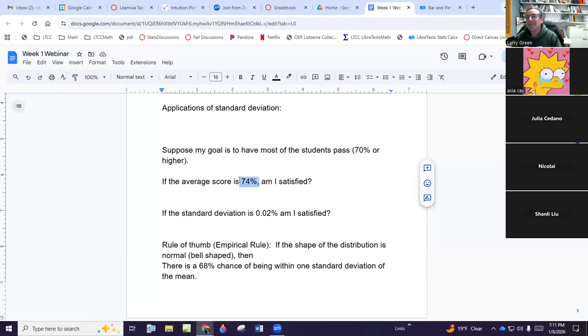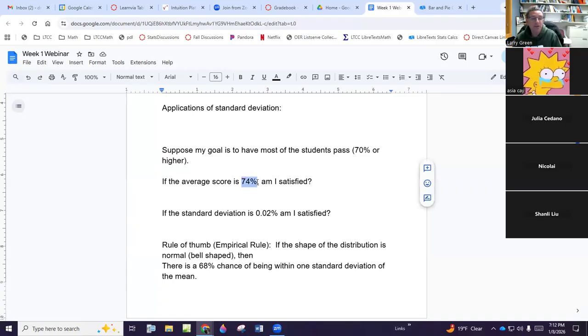Okay, and this was a trick question. For all of you who answered no, you're wrong. For all of you who answered yes, you're wrong. The answer to this is I don't know. This is not enough information to know whether I'm happy or satisfied if my goal is to have most of the students pass.